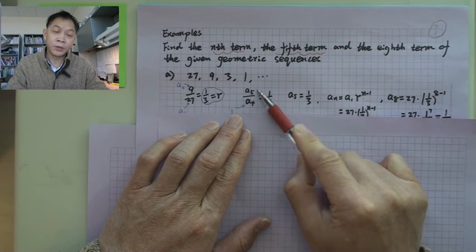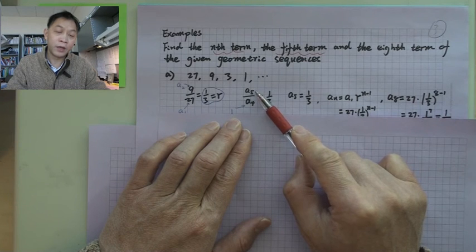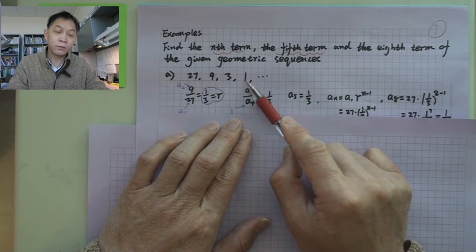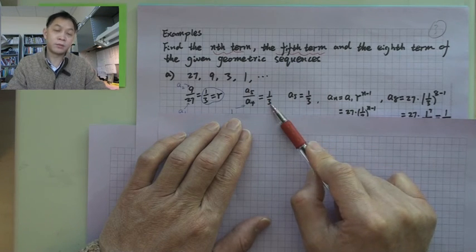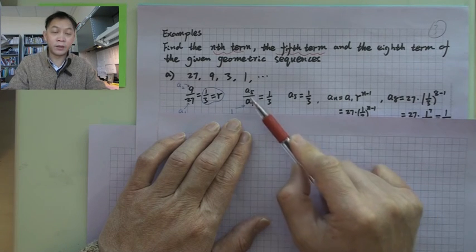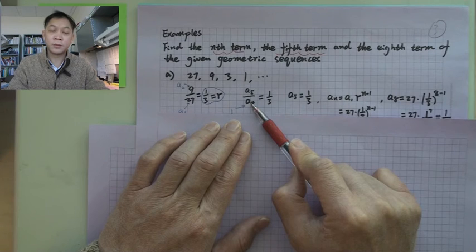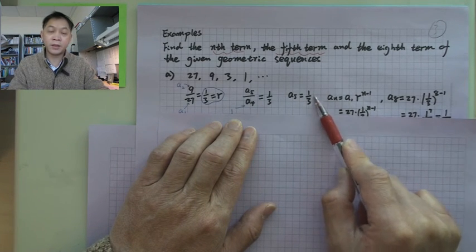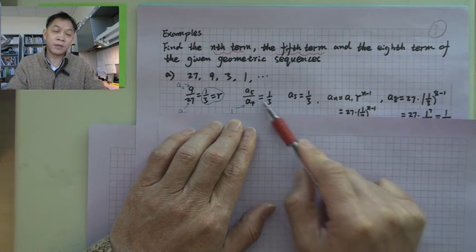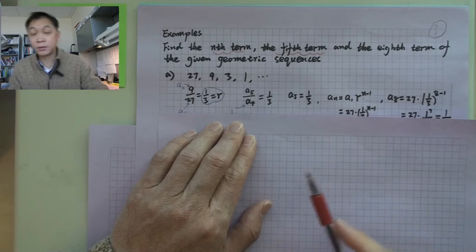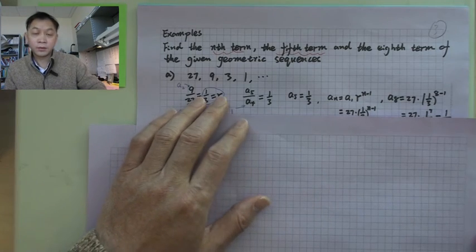We don't know that yet, but A5, the fifth term, over A4 is 1/3 by definition. But A4 is what? It's just 1. So in this case, the fifth term is easy to find. A5 divided by 1 is A5, which is 1/3.